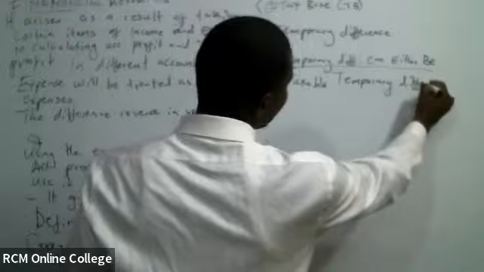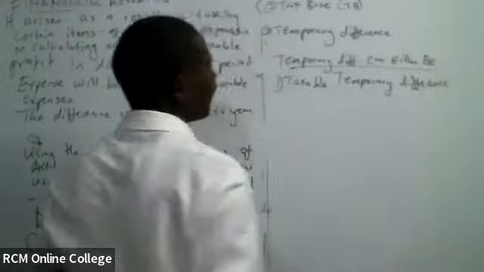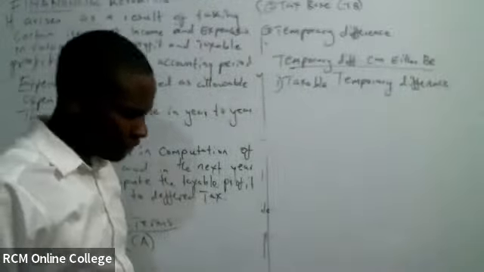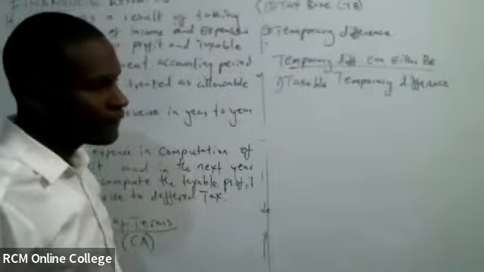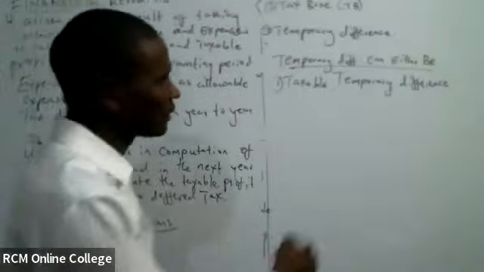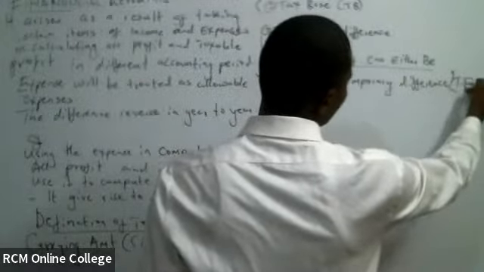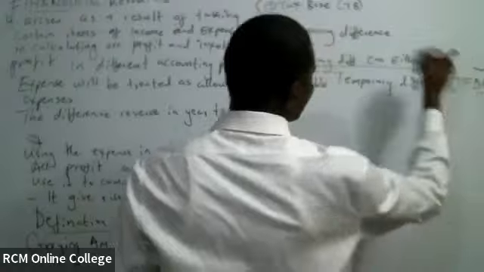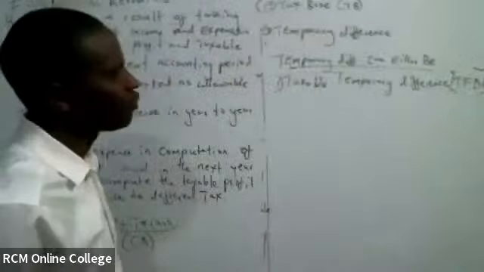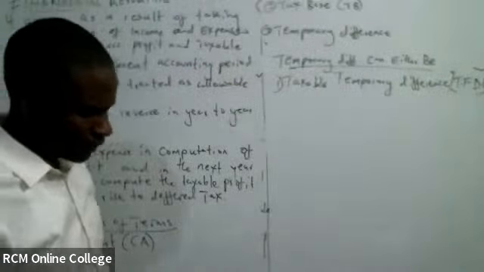So it can be taxable temporary difference, TTD. Taxable temporary difference, TTD. Very important. This will help us even in getting our deferred tax properly.